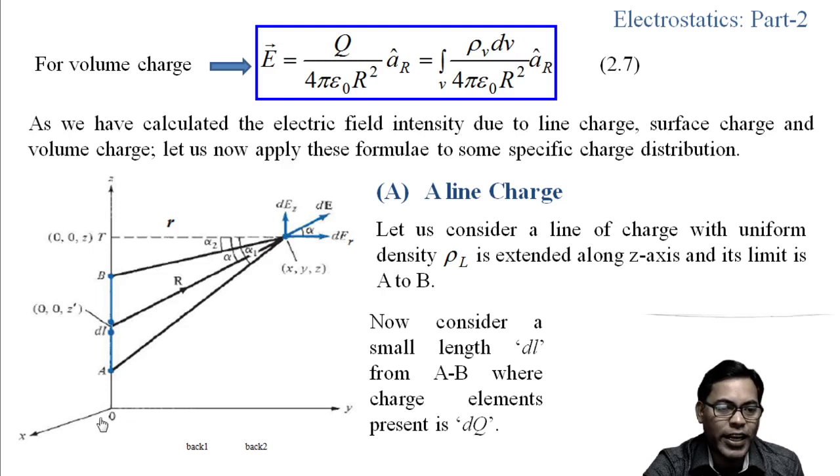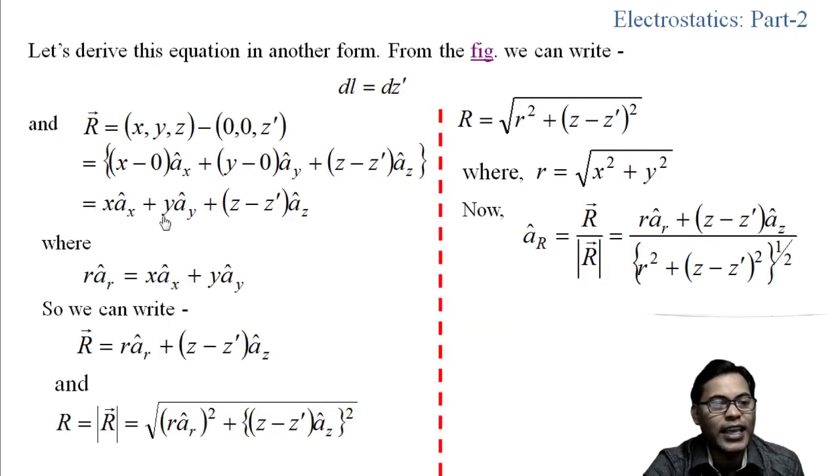So we are getting x ax plus y ay, that means we are getting the radial distance on the xy plane. So this x ax plus y ay can be written as r ar. If you remember the cylindrical coordinate system, from that we can find r. So small r ar equals x ax plus y ay.